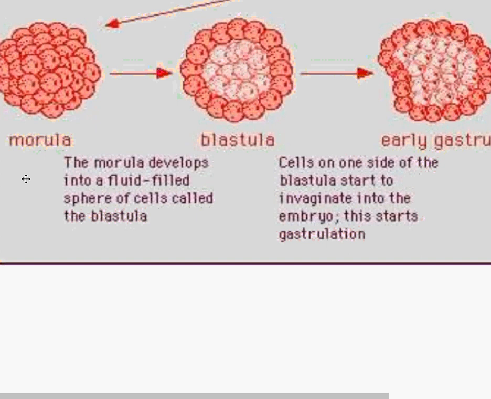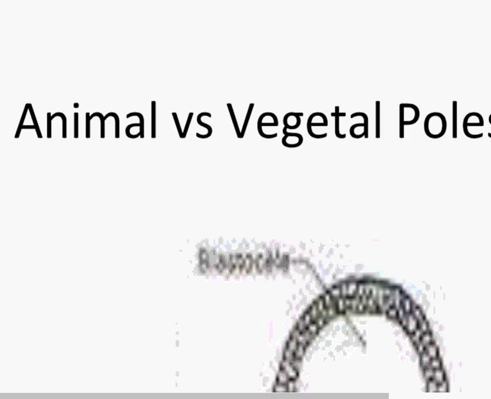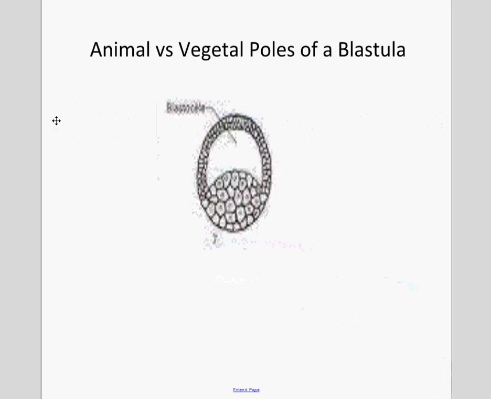And so here's a picture of a blastula, a little bit more detailed picture. The blastula has two poles. It has an animal pole, which is the top portion of the blastula. The animal pole will become the head, and then the vegetal pole becomes the not head. Basically, everything else makes the body of the organism.